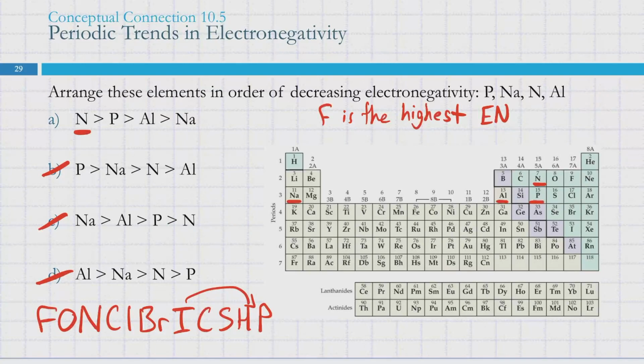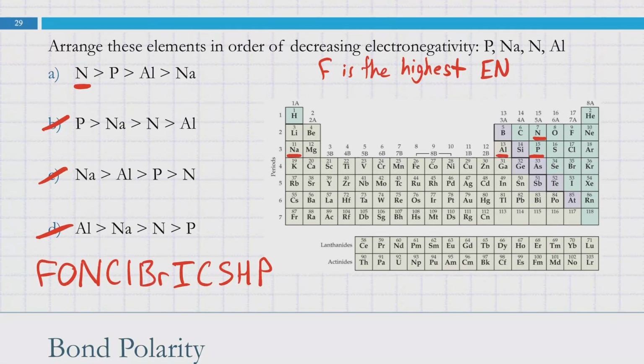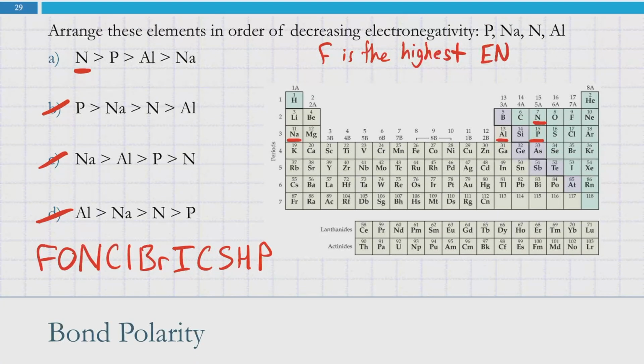Yeah, it goes in the first spot. So this might be useful if you, for some reason, need to memorize electronegativity order. Fonkel brick ship will get the job done for you. It was like 2 years ago that I heard Fonkel brick ship.